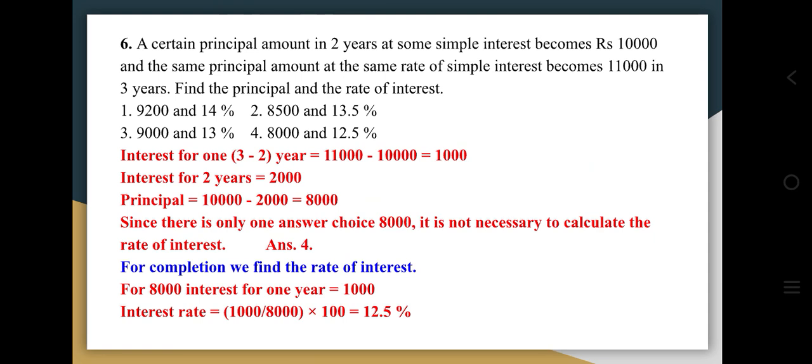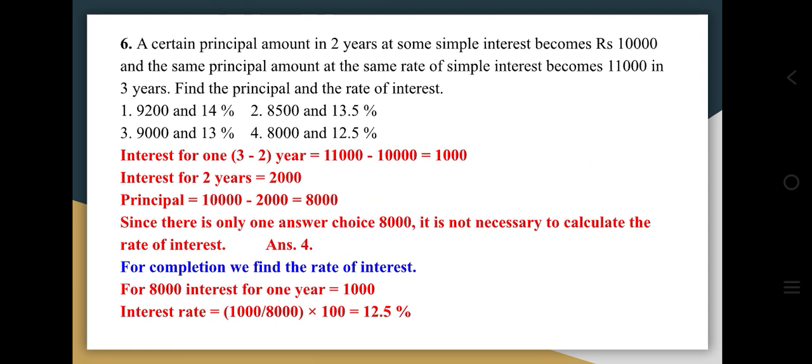For the principal amount 8,000, 1 year interest is 1,000. So we want the interest rate. Interest rate is interest for 1 year for the amount 100. So for 8,000, interest is 1,000.